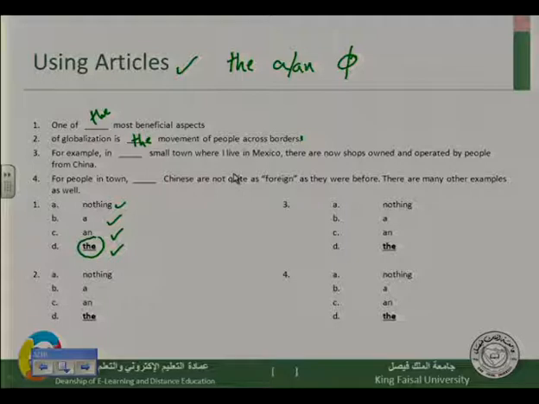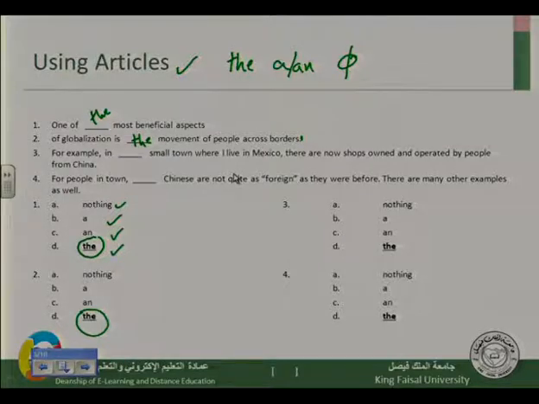Now, this is a test of your knowledge, really. When to use the, which is number 2, or a, or nothing. So would you say, for instance, one of a most beneficial? You can't say one of a most. It just doesn't work in English to say one of a most, because you already chose it. And you said one of. So when you say one of, that means you've chosen one. You've chosen one, so it's definite. So you use the definite article, the.